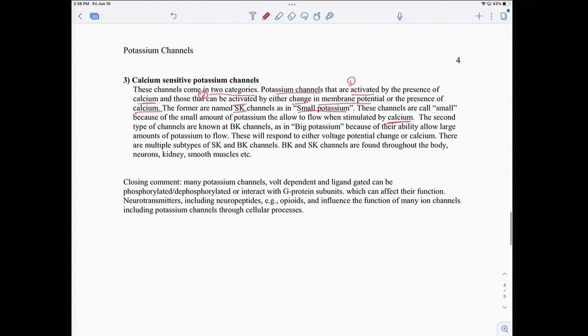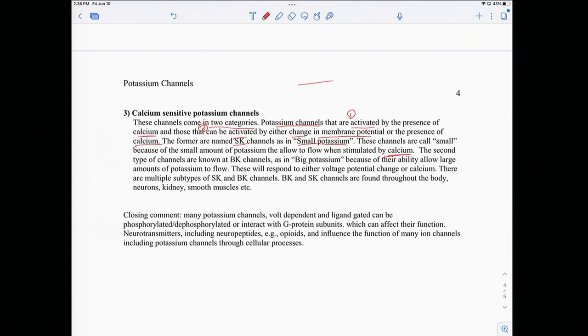And again, just to draw you a cartoon, if I were to have a potassium channel here, and it is maybe closed, but then if I have an environment of elevated calcium, the calcium can bind to it, which then opens it up and again allows potassium to flow out. So you have a small current through the calcium-sensitive potassium channels, and you would call those SK channels.